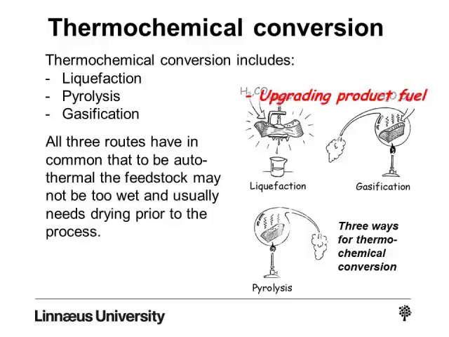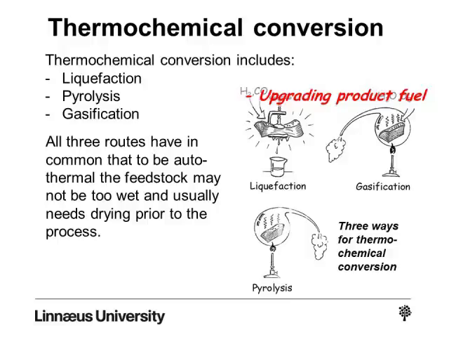All three routes have in common that if they are to be autothermal, then the feedstock may not be too wet. In the example we discussed previously, we had a fuel that had 31% moisture, and we had to add almost 300 grams of oxygen to that fuel to gasify it at 700 degrees.